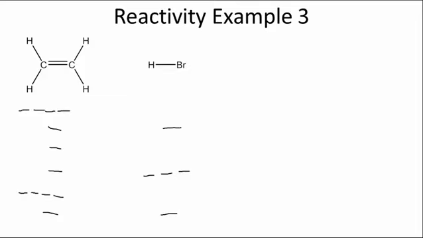Starting from the bottom over here, what's my lowest energy orbital? Sigma CC, sigma CH, pi CC, pi star CC. All right, now I would fill in electrons.